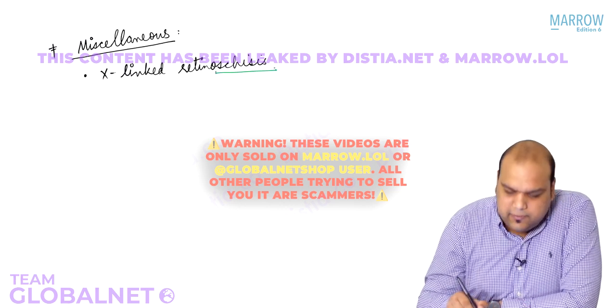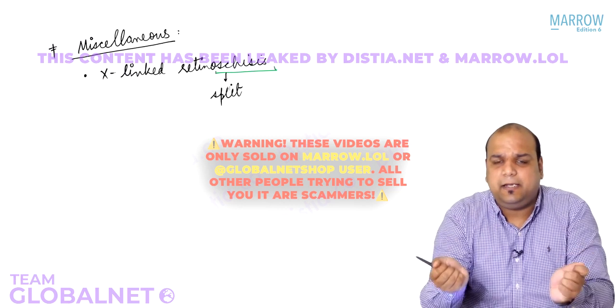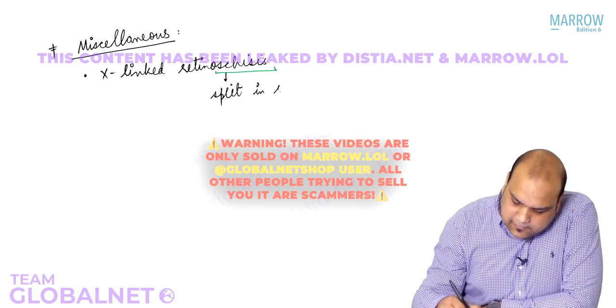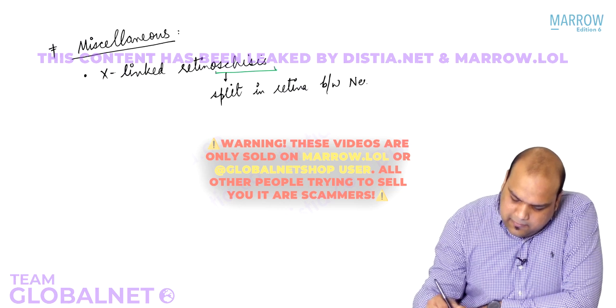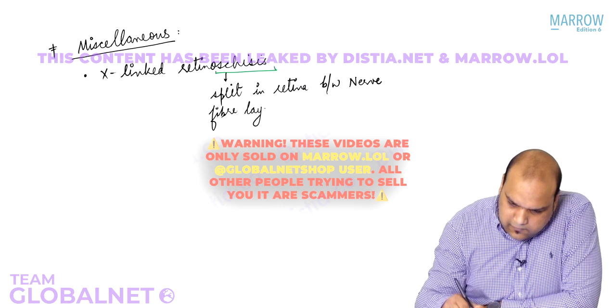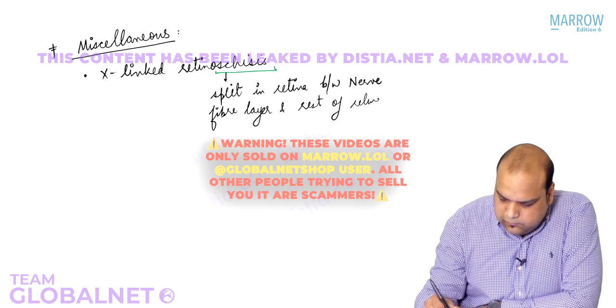First of all, what is the meaning of the word schisis? Schisis means split. Split, everybody. Something is getting split. What is getting split? Obviously, retina. So there is a split in retina between nerve fiber layer and rest of retina. Am I clear?